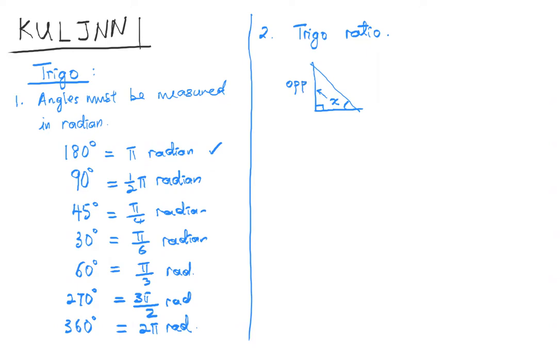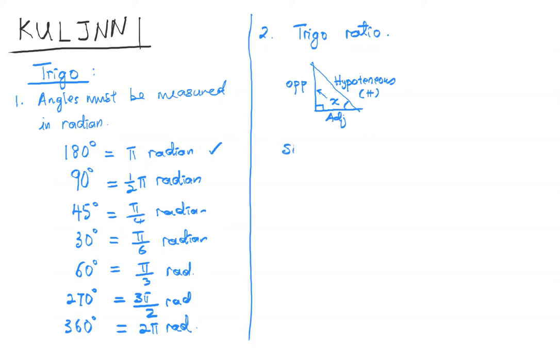The one at the side, the longest one, is called the hypotenuse. We use the alphabet H. The one beside the angle is called the adjacent. We have three trigo ratios.